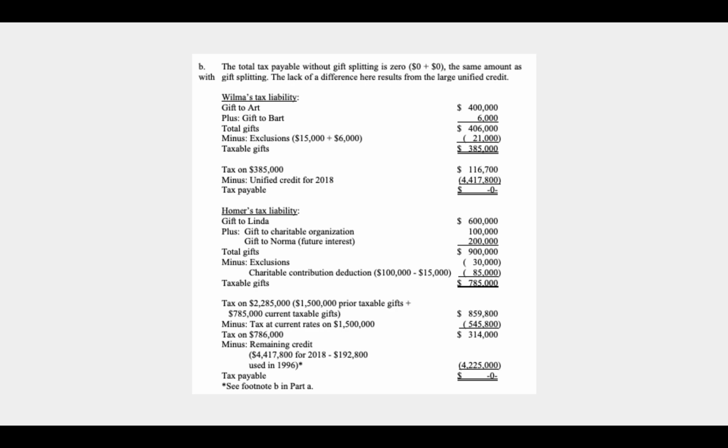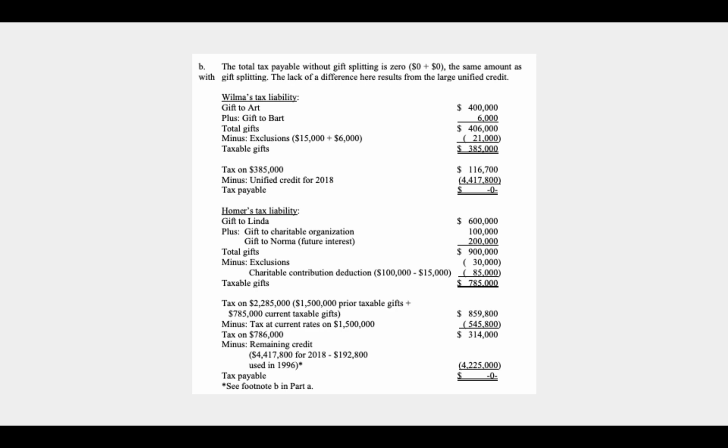$785,000. And then remember, we still have to compute the tax in a little bit different way for Homer because he's made previous taxable gifts. So now we take the tax on $2,285,000, which is the cumulative gifts made, and we calculate the tax at today's current tax rates to get $859,800.